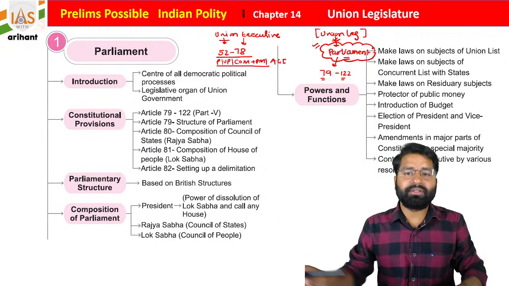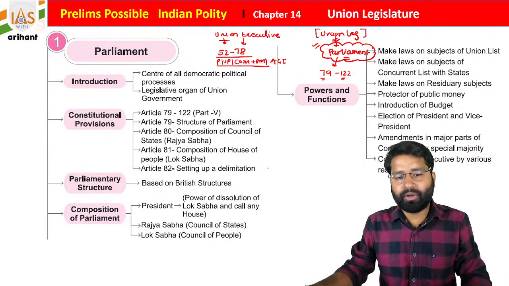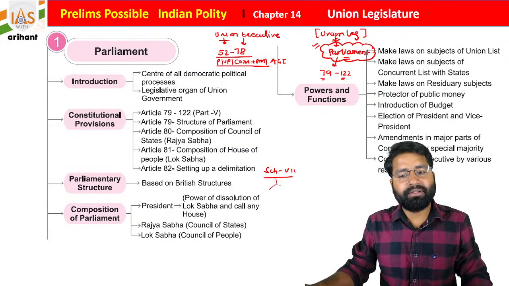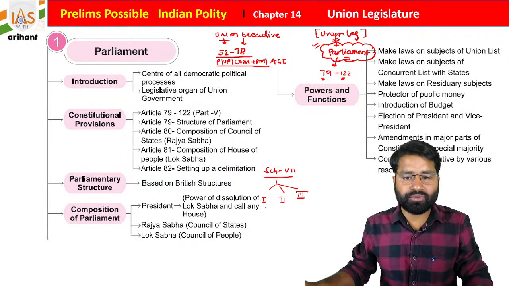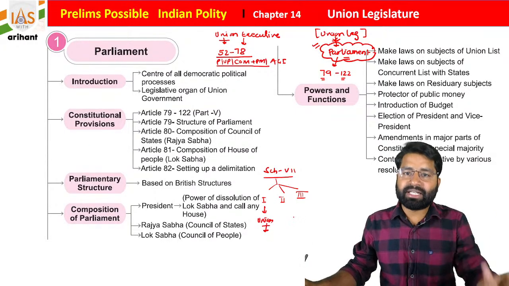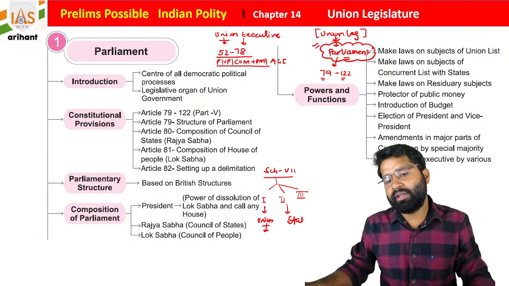But one very important thing: from where are they going to create law? We already discussed Schedule 7, and Schedule 7 mentions the 3 lists, list 1, list 2 and list 3 of the Indian Constitution, students. One is the union list, where only the center can make law. Another is called the state list, where only the state can make law.